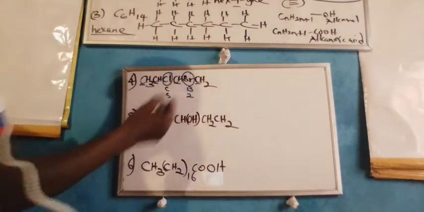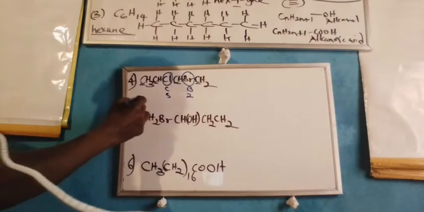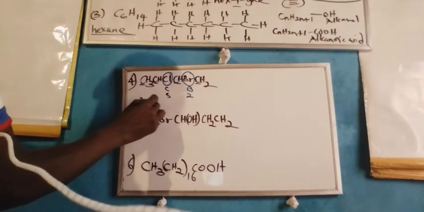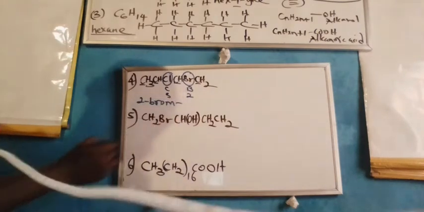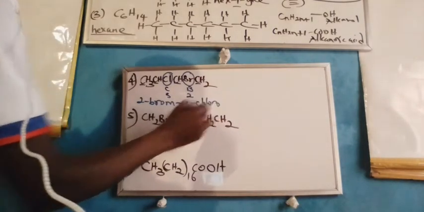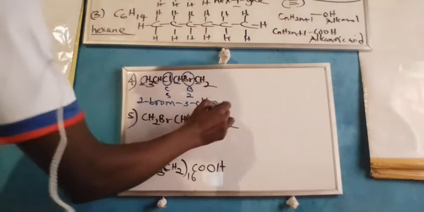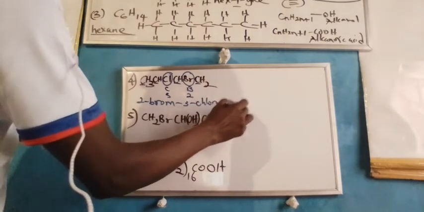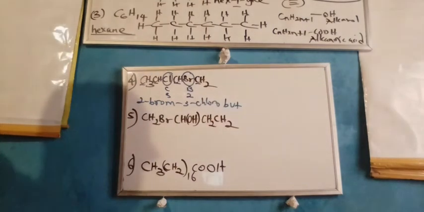In this case, the first foreign molecule is bromine in position 2, so I'll say 2-bromo. The second one is chlorine in position 3, so it's 3-chloro. And the family is but-. Now, I don't know whether it is -ane, -ene or -yne.